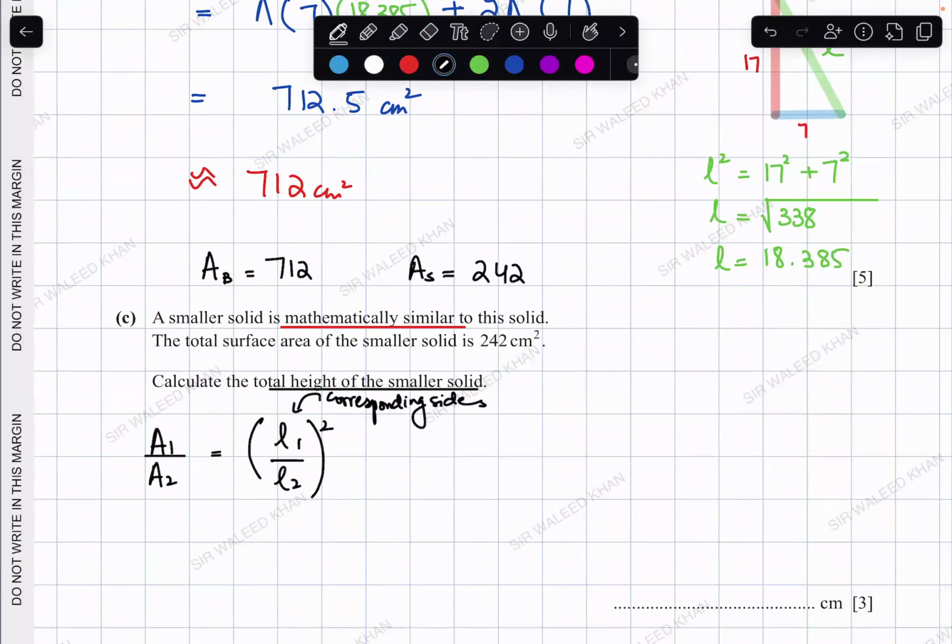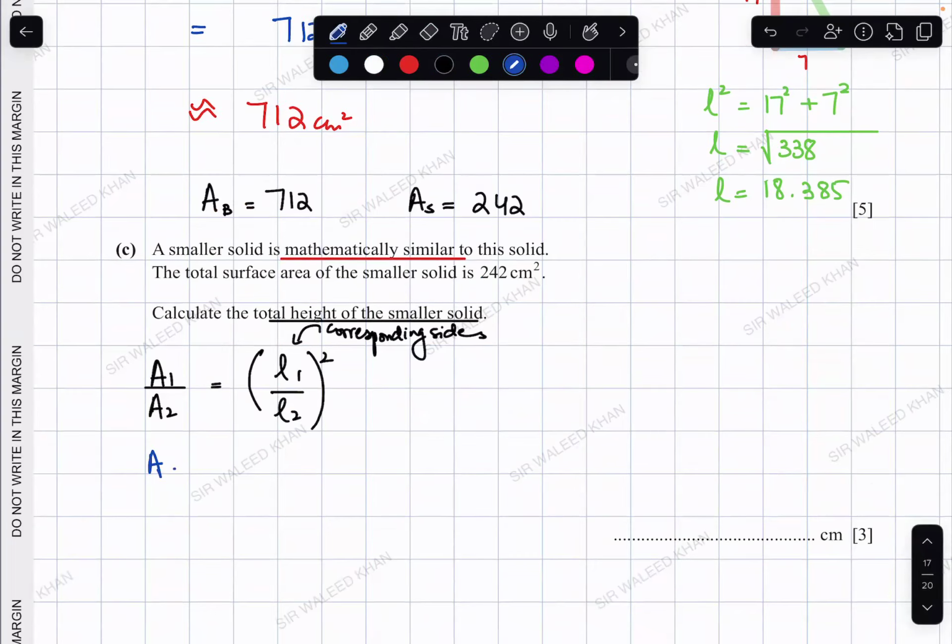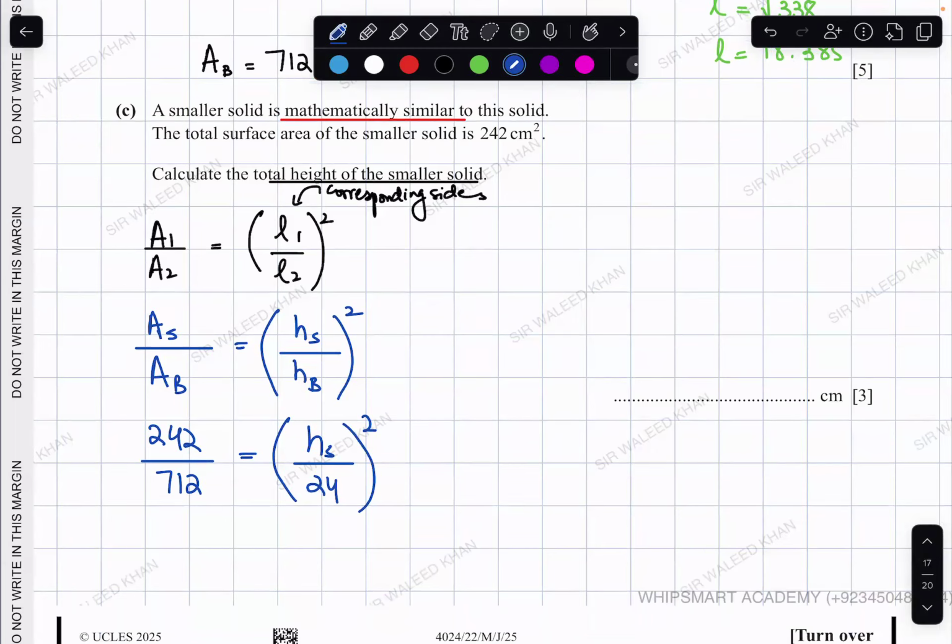So I can replace this L with H. Area of the smaller one divided by area of the bigger one is equal to height of the smaller one divided by height of the bigger one, whole square. So 242 divided by 712 is equal to HS over 24 whole square. Work it out. Tell me the answer.